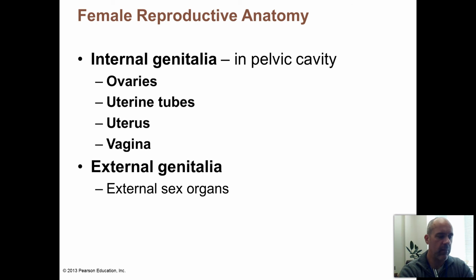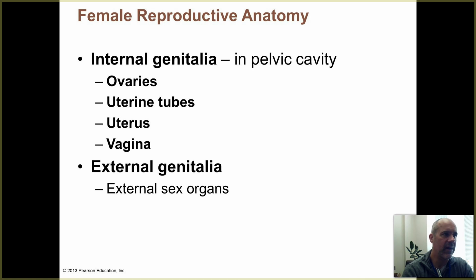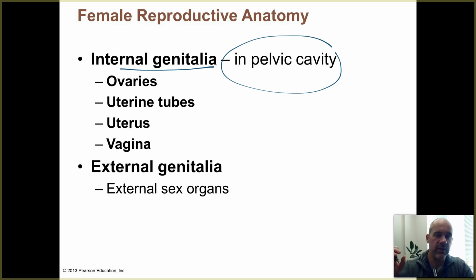All right, and then just like with the male, we have internal and external structures. You have the same thing in the female. The internal genitalia are located in the pelvic cavity and include the ovaries, uterine tubes. Another name for the uterine tubes is the fallopian tubes. That's more commonly what they're called. The uterus and the vagina, all of those are internal.